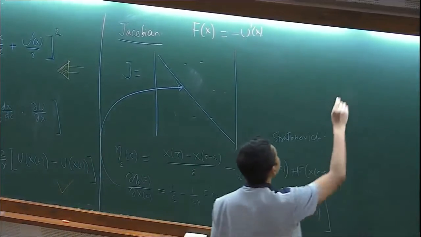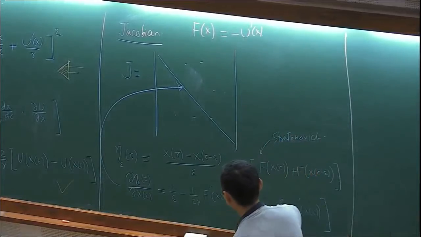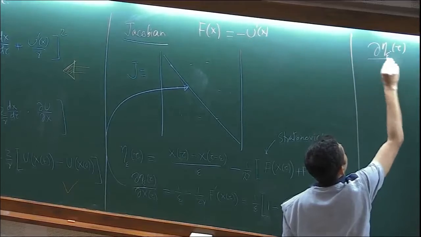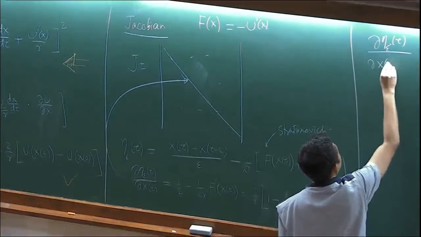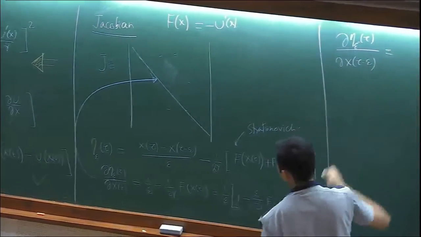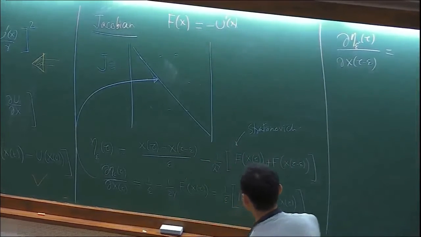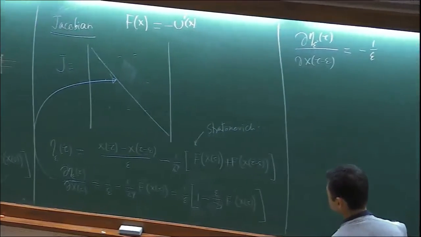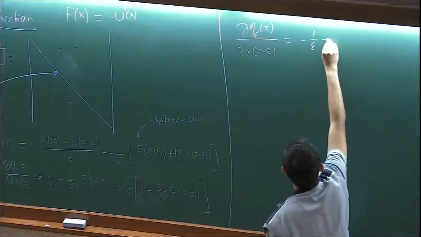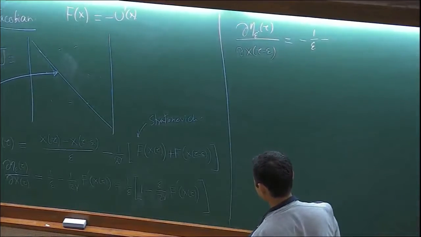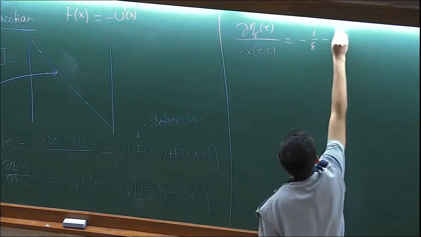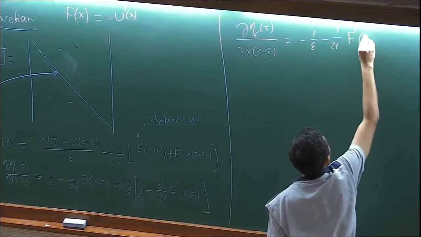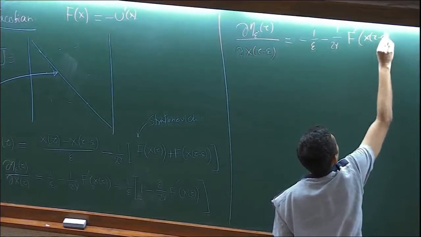So the other one is taking the derivative with respect to x at tau minus epsilon. So this gives me minus 1 over epsilon and minus 1 over 2 gamma f prime of x at tau minus epsilon.